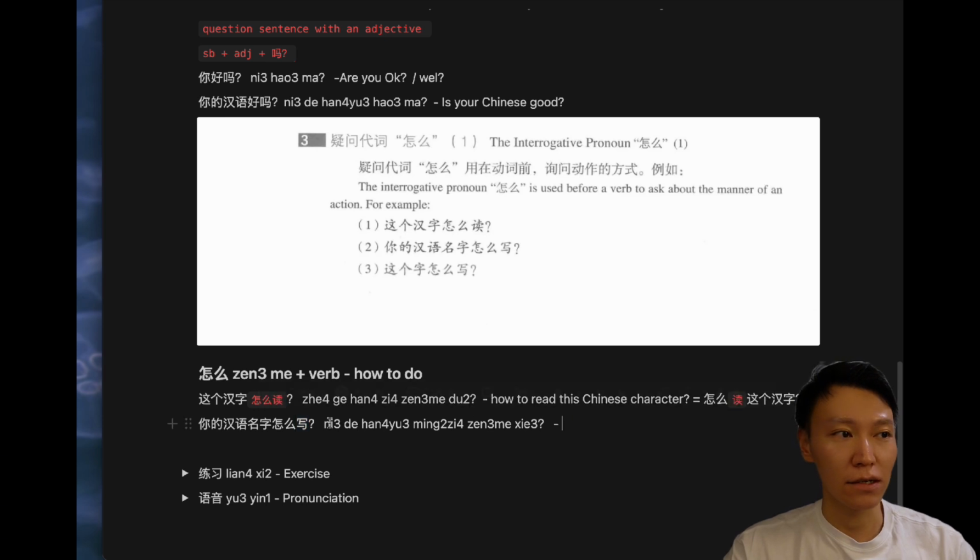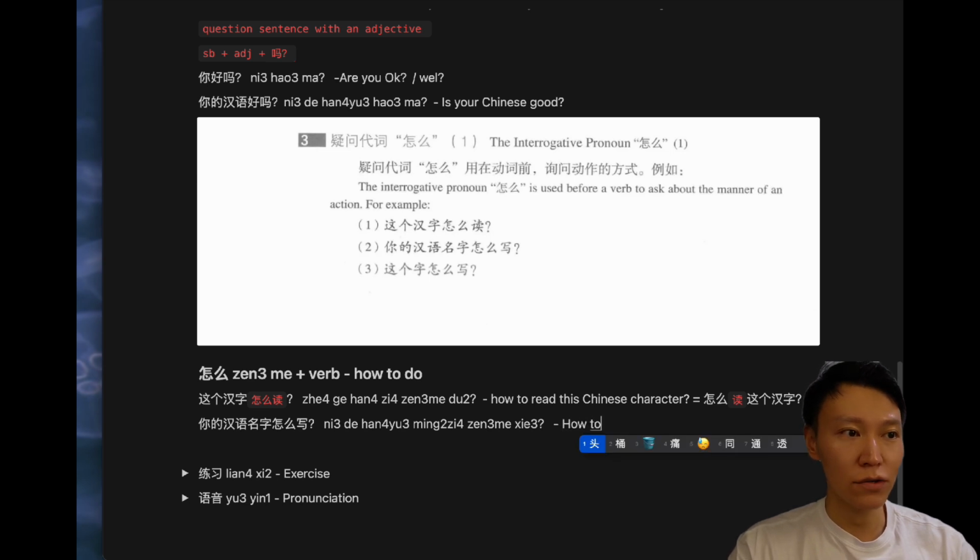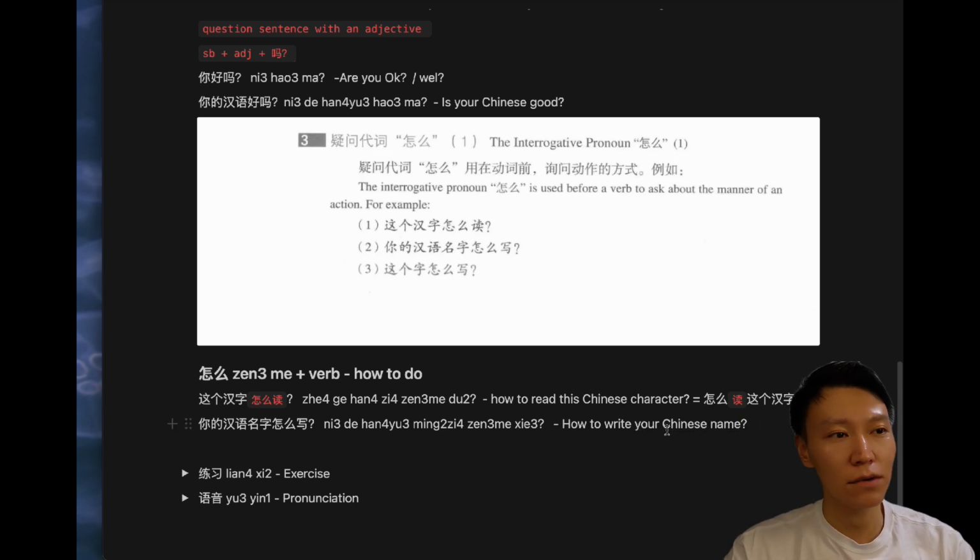So the sentence means how to write your Chinese name.